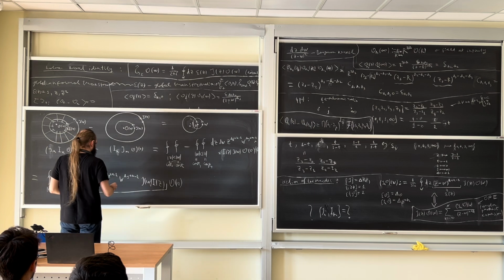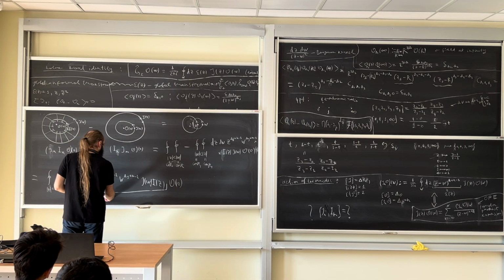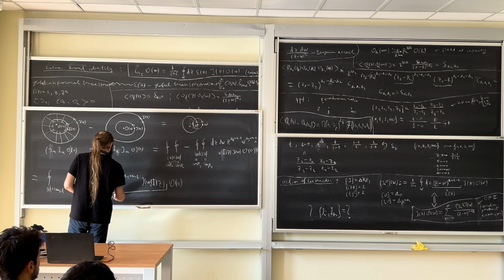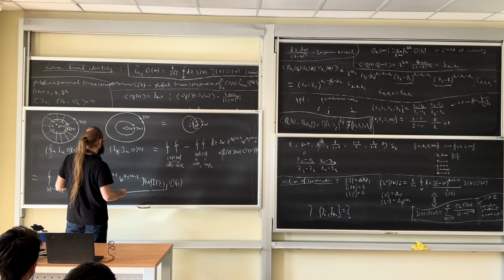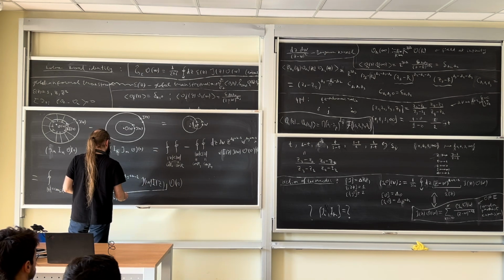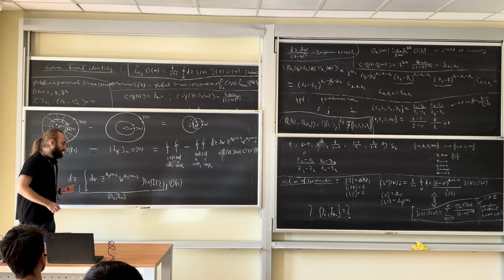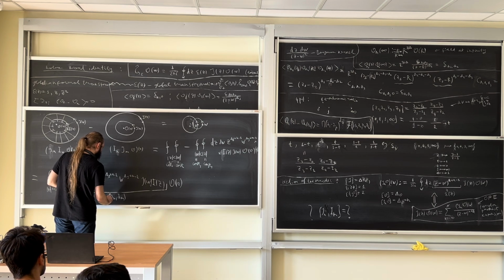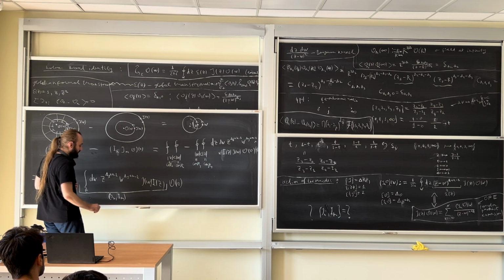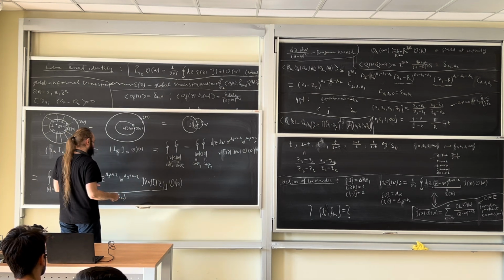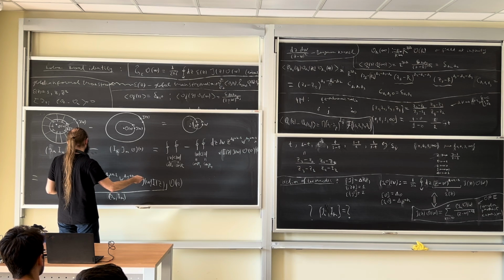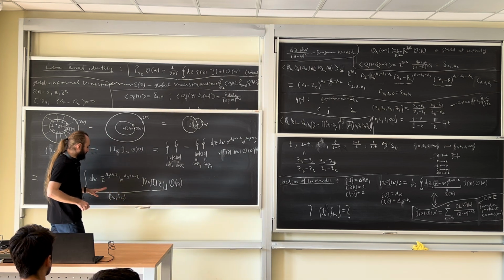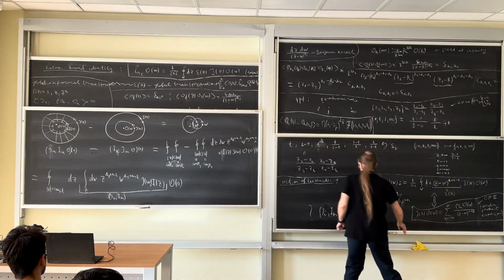We can call it a commutator of jn times im. Maybe I will not write any other definitions at the moment.